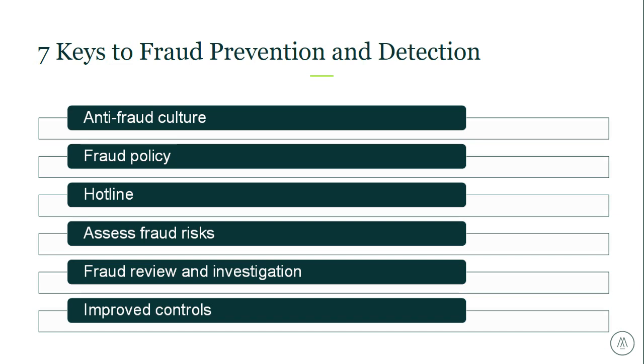Is there a culture of ethical behavior, and is that expectation to be ethical communicated to employees effectively? And what happens if someone does do something wrong? Is that automatic termination? Is there transparency amongst employees so it's understood that fraudulent behavior is not to be tolerated? These are all important factors in creating that anti-fraud culture.